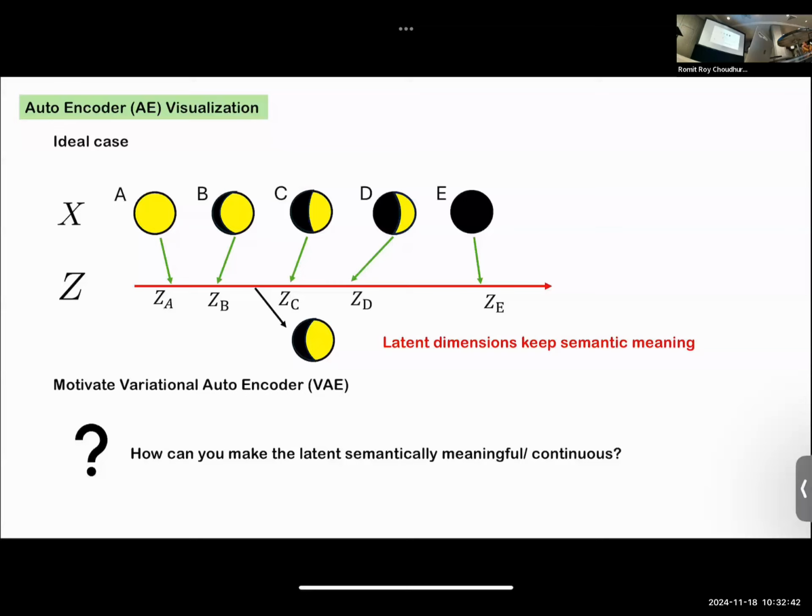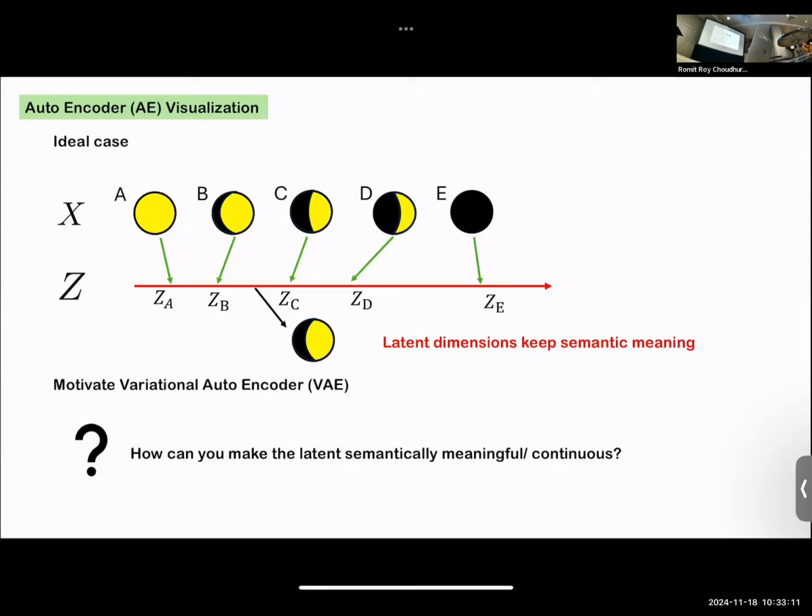If you add noise to this data, what will happen? Different noisy versions of the data might get mapped to something else. There's no reason why B dash will get mapped close to ZB. It might get mapped somewhere else. You have to say that images that are close by will map to nearby points in Z. How do you do that?